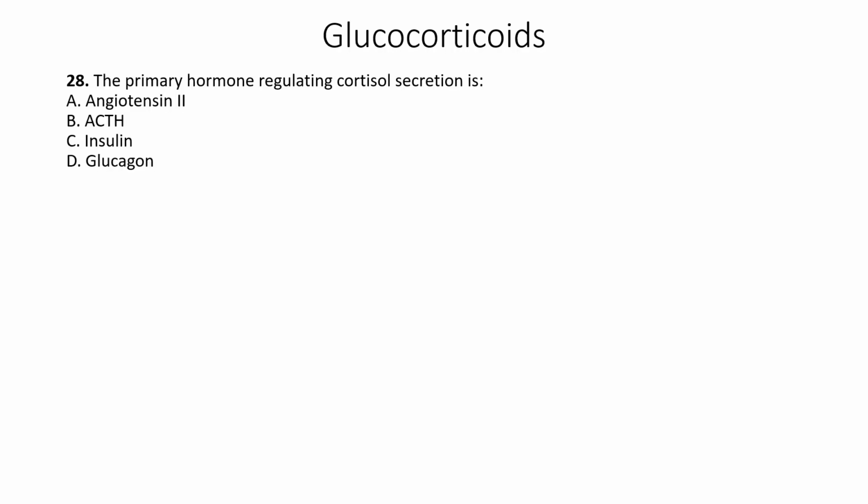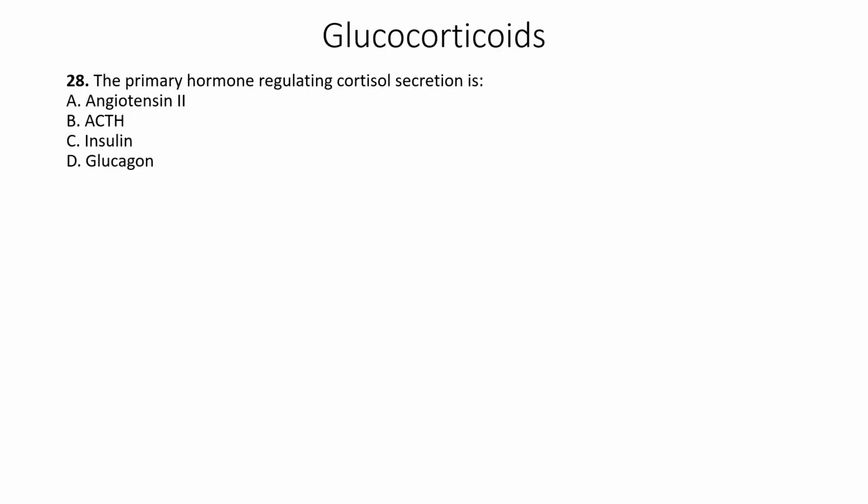Right. So we'd left off at a certain number of questions. I will now show you the question for anyone who hasn't joined before, and we will discuss the answer. You can send the answer in the chat and we can discuss it. The first question here is: the primary hormone that regulates cortisol secretion is which of these options?